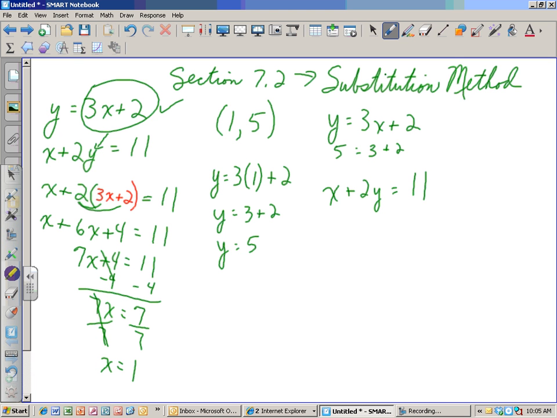So it works in the first one. If I put in 1 for x and 5 for y in the second equation, 1 plus 10, it works in the second one. It's the only point that will be a solution to both those equations. And that's called the substitution method.